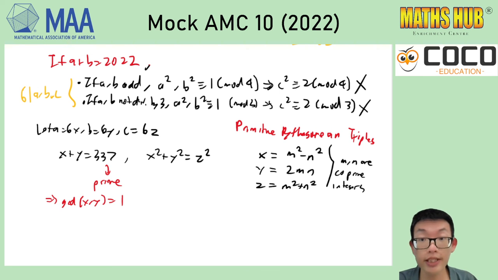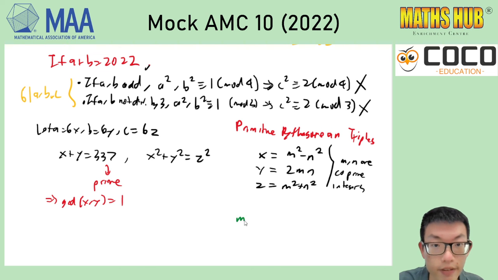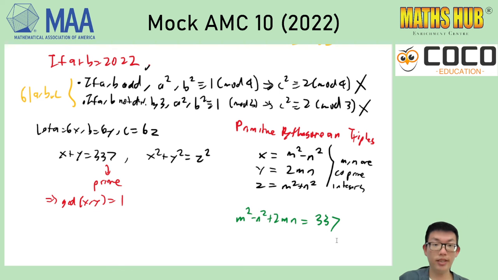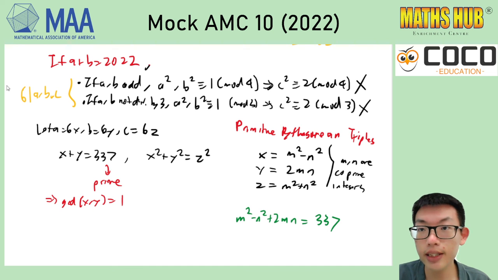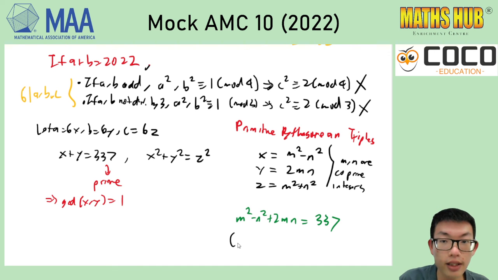So what do I want to do here? What I want to do is to just say that it means I can write m squared minus n squared plus 2mn, which is x and y, is equal to 337. And I would like to write it in this way as m plus n squared minus 2n squared.